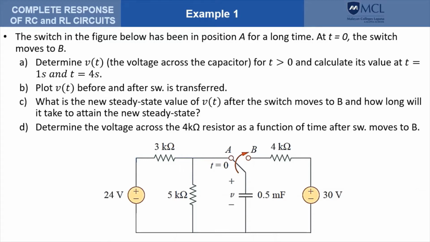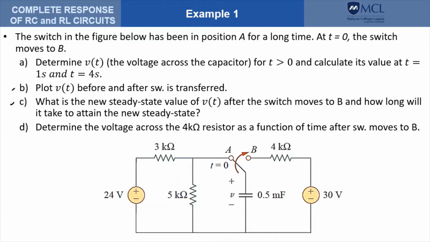Here we are asked to determine what is the voltage across the capacitor for t greater than 0, meaning the voltage after the switch is transferred to B. And then we are also required to know what is that voltage at t equals 1 and 4 seconds after the switch is transferred. For B, we are required to plot the voltage of the capacitor before and after the switch is transferred.